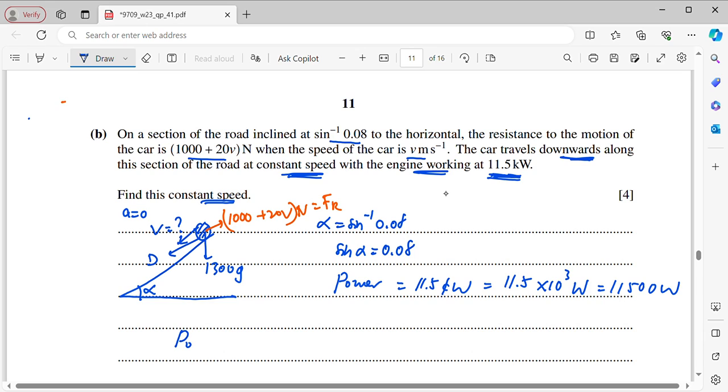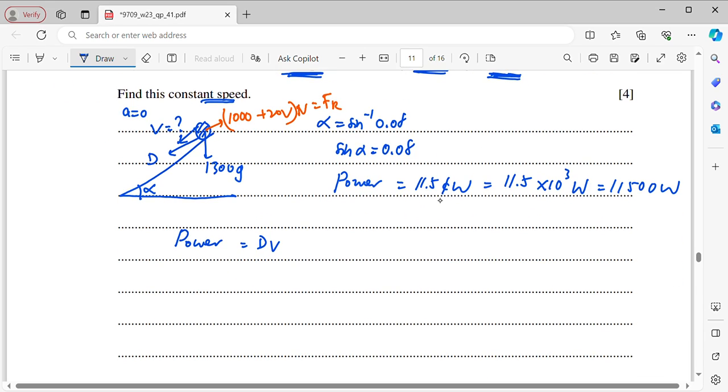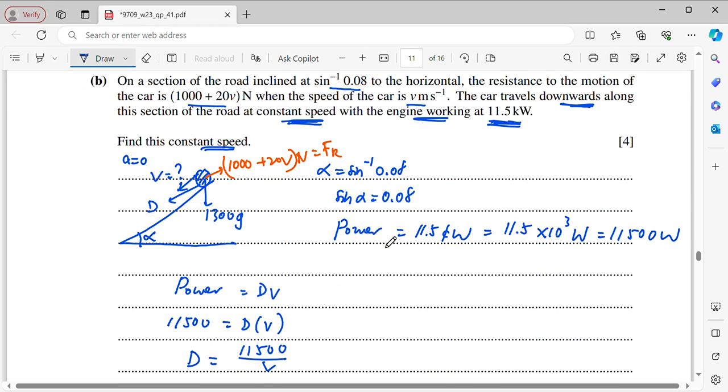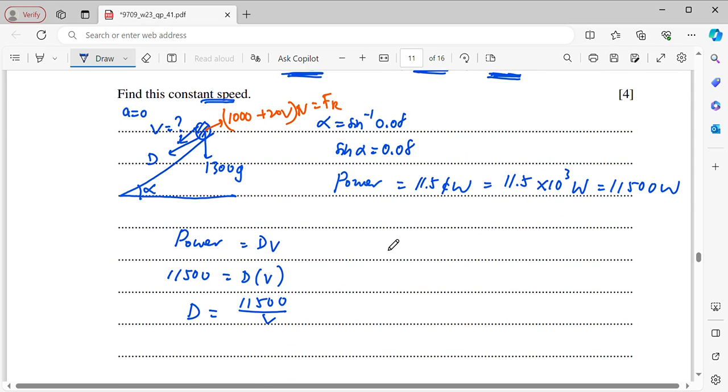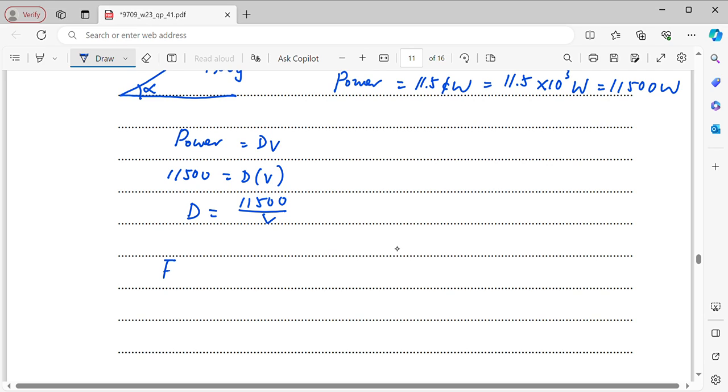Alright, so now power is D times V. So I will write 11,500 equals to D times V. So what is my D? My D is 11,500 over V.